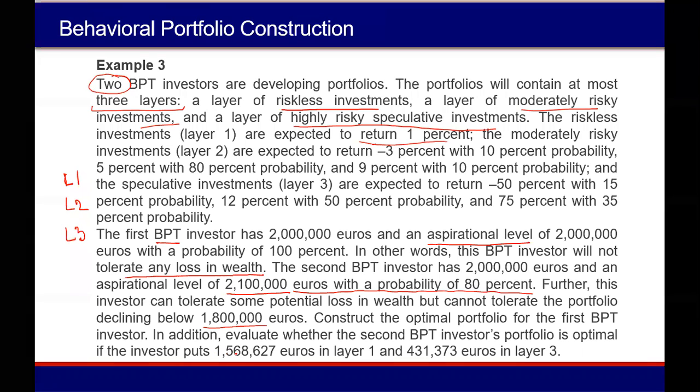If the investor puts 1.568627 million euros in layer 1, and 431,373 euros in layer 3, so we have been given a suggestion that if the second BPT investor makes investment in this way, this portion in layer 1 and this portion in layer 3, will it be possible for him to achieve his aspirational level and to protect his risk tolerance level?